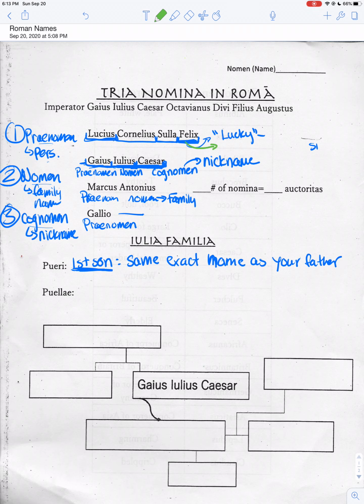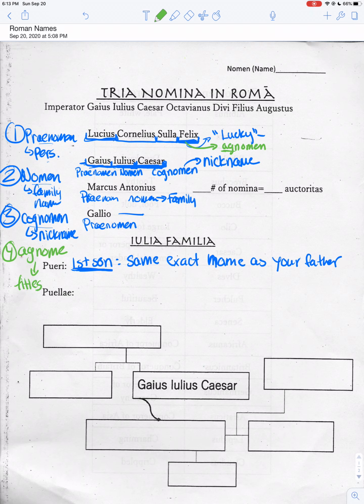And this fourth name is called the agnomen. So after the nomen is where we get that. These were titles.